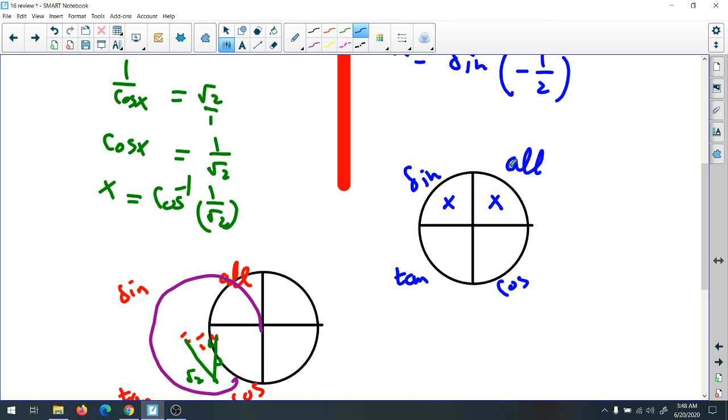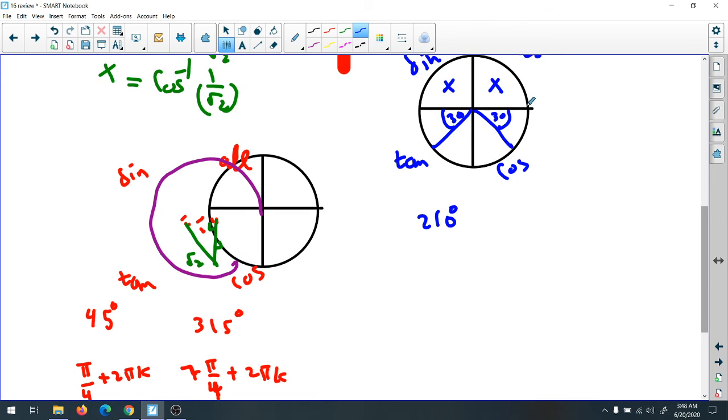And we know that it's sine 30. So 30 in the third quarter will be 180 plus 30, which is 210 degrees. And 30 in the fourth quarter means 360 minus 30, which is 330 degrees.